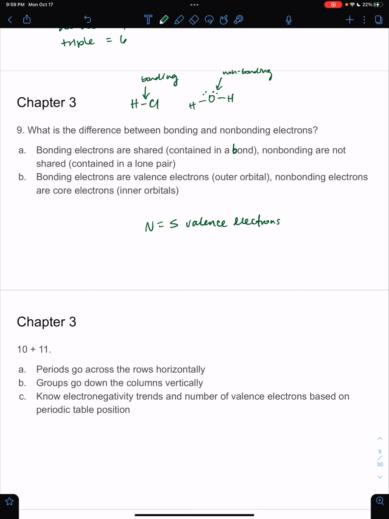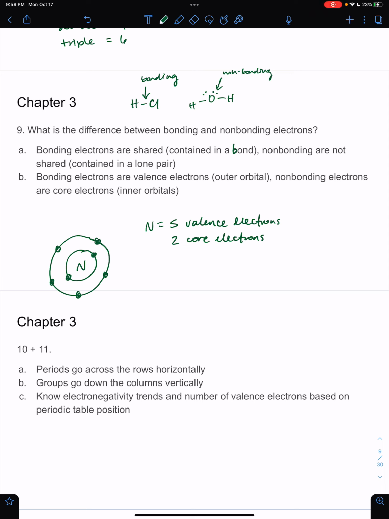Let me look it up real quick. Okay, nitrogen's atomic number is 7. So that means it has a total of 7 protons, so it must also have 7 electrons. So it has 7 total electrons, but 2 of them are core electrons, which means they are in that shell that's closest to the nucleus, where we have 5 out here.